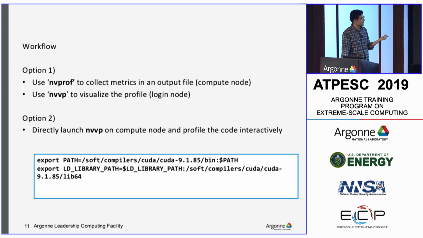The other way is that you can launch the visual profiler on the compute node, but this is a heavier operation. So typically we follow the first approach, where we collect the data on the compute nodes and then rely on the login nodes to just understand the profile data. You just set the path variables, and then you're ready to launch NVProf.